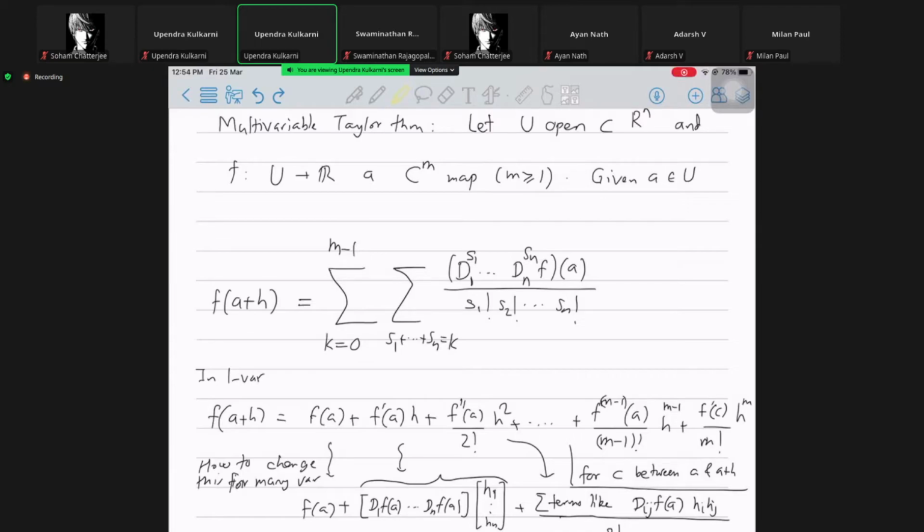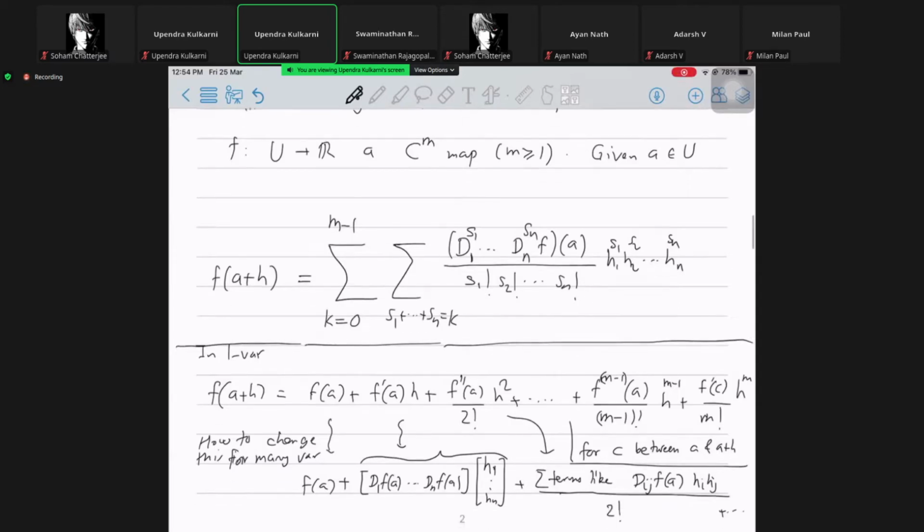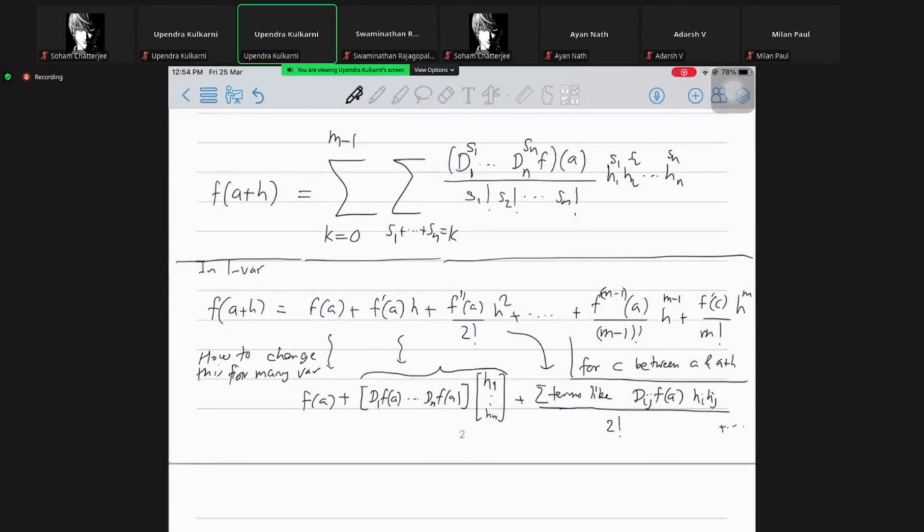So this simply gets multiplied by h1 to the s1, h2 to the s2, all the way up to hn to the sn. Okay. Of course, this is wrong, because what we have is the analog of, so I'm just going to put this as rough work over here, right? So this is just rough work. So heuristic.